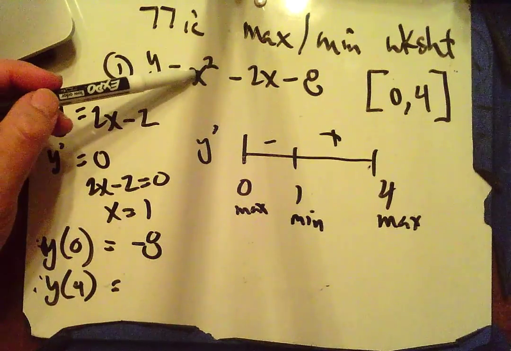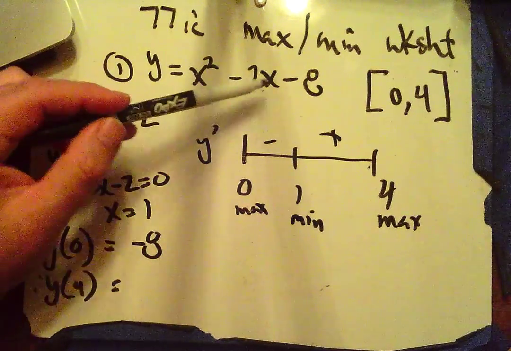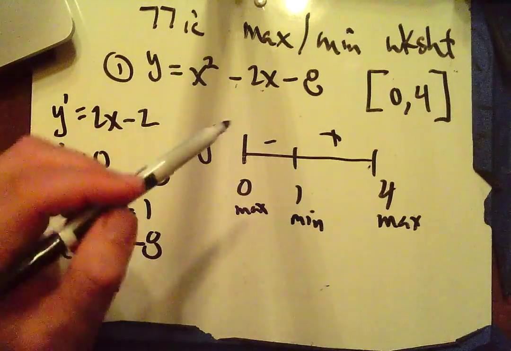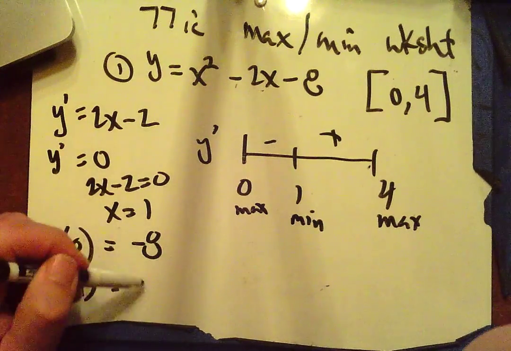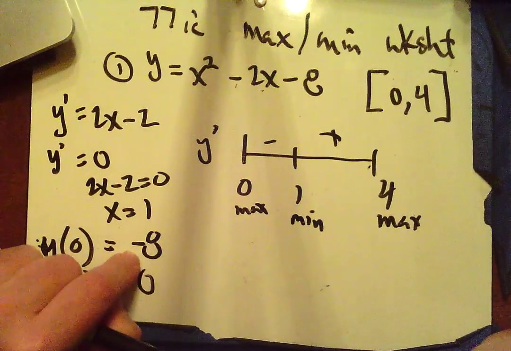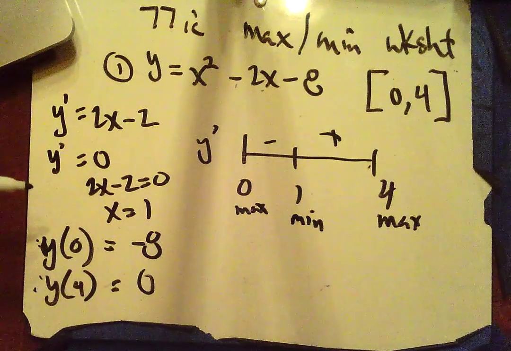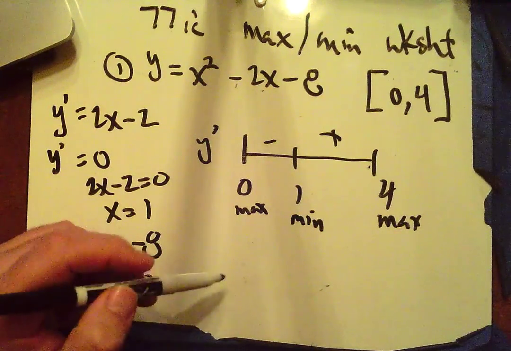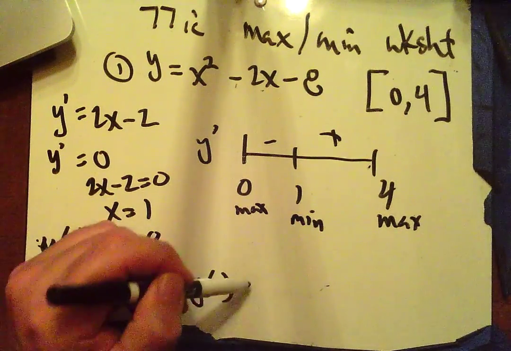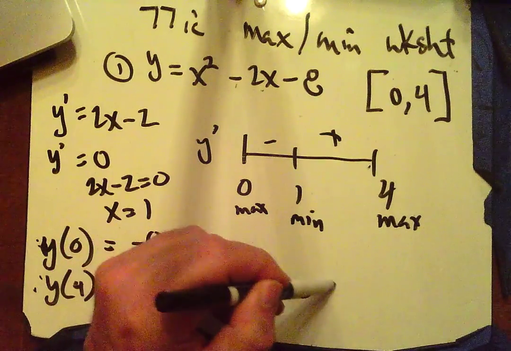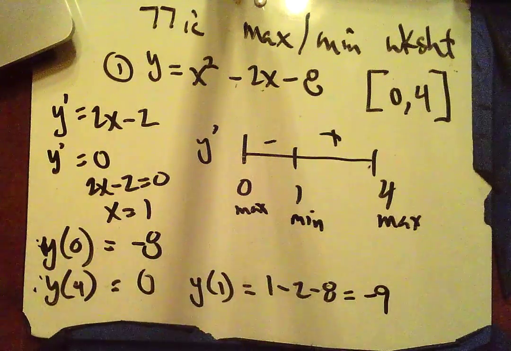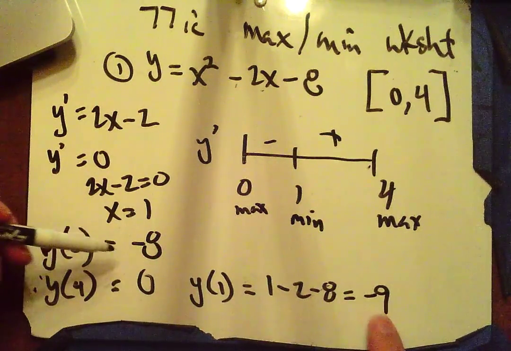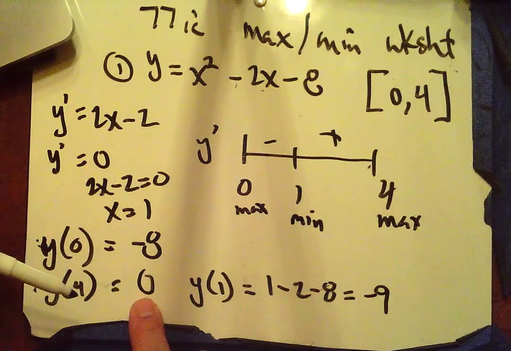So if I plug in a 4, I've got 16 minus 8 minus 8, which is going to be 0. So yeah, 0 is actually bigger than negative 8. And yes, we were supposed to find the value at 1 as well. So if I plug in 1 for y, I'm going to have 1 minus 2 minus 8, or negative 9. Yep, that's the min. And this is the absolute max.